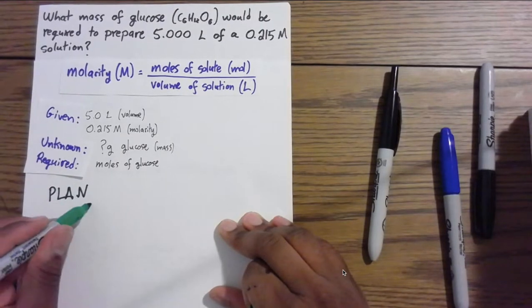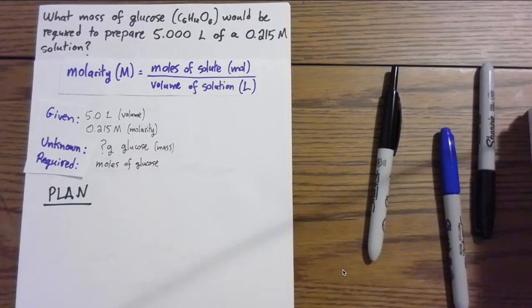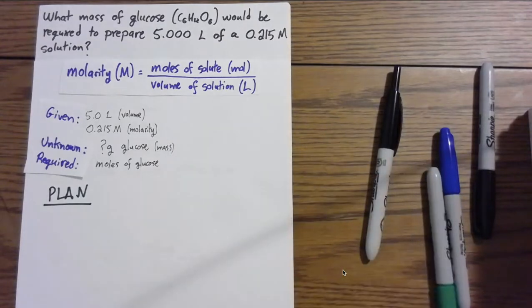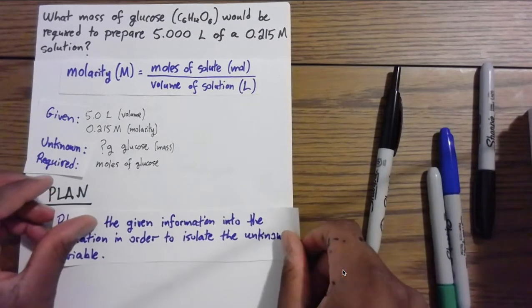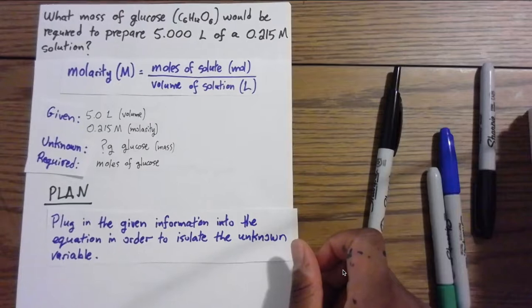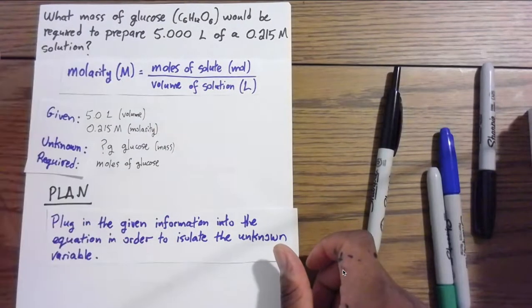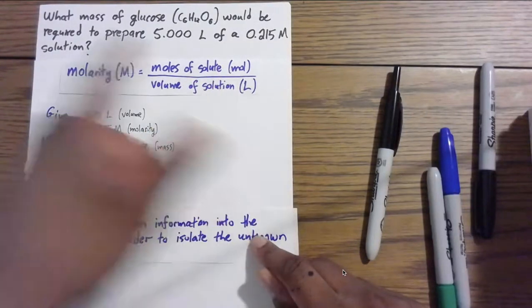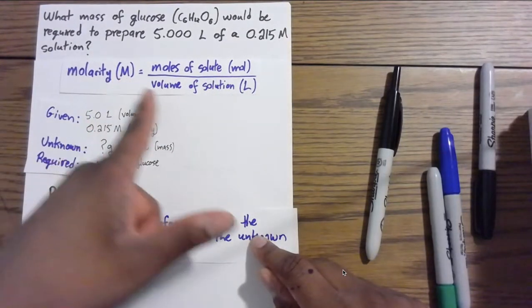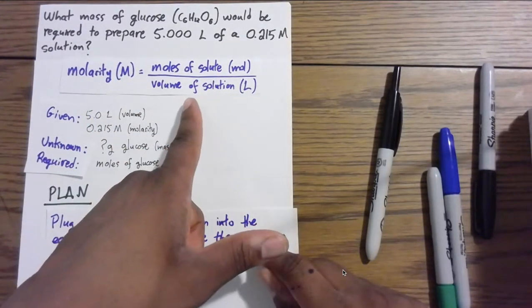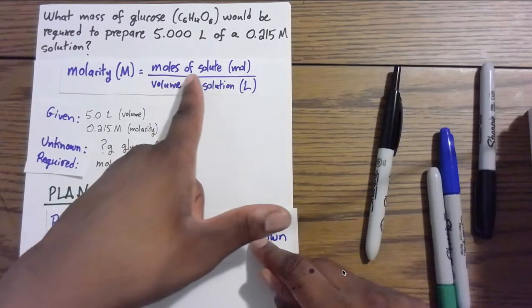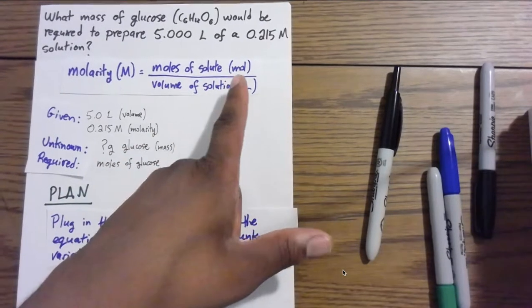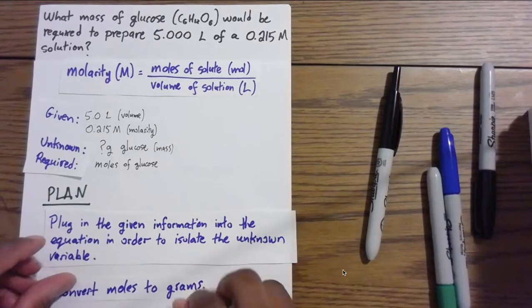Here's our plan. First, we're going to plug the information that we have into the equation in order to isolate the unknown variable, which is moles of solute. Once we plug in our molarity and our volume of solution, we'll be left with moles of solute, which we can then convert to grams.